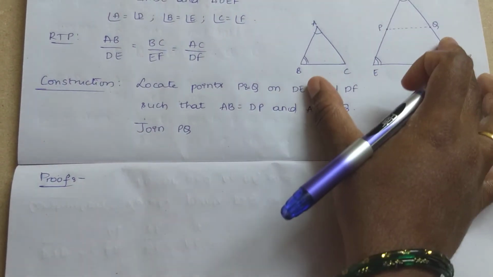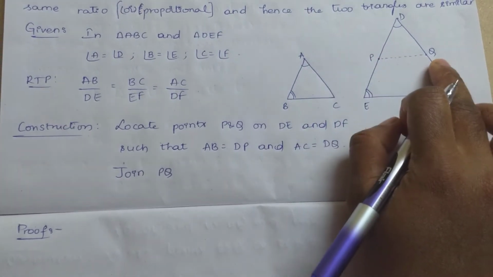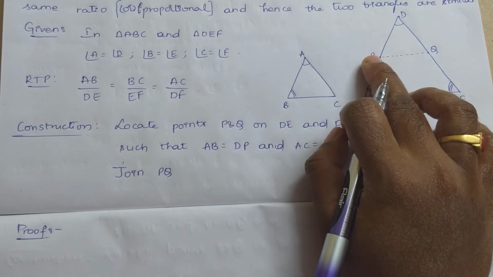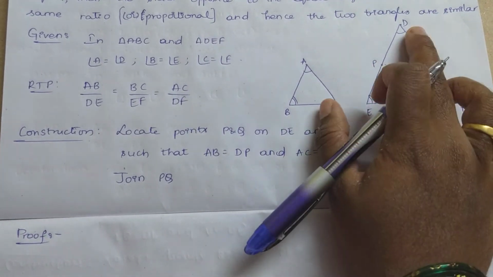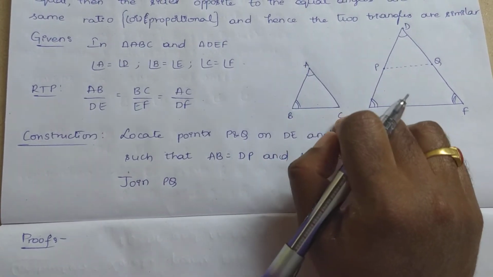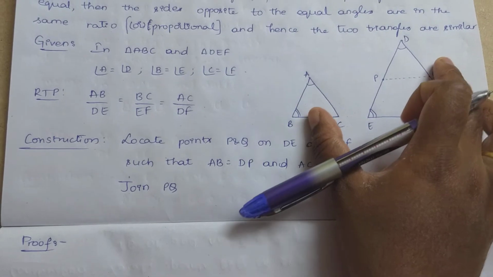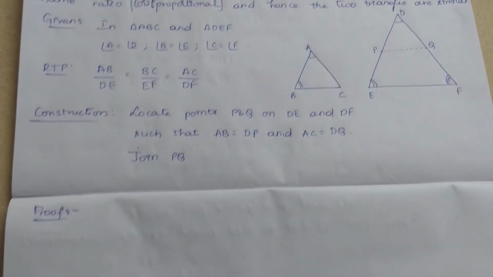Let's see the two triangles here. When you draw a line joining the points P and Q, a triangle is formed, triangle DPQ, and here a triangle is formed, triangle ABC. Correct? So from these two triangles, let's see what information we can obtain.